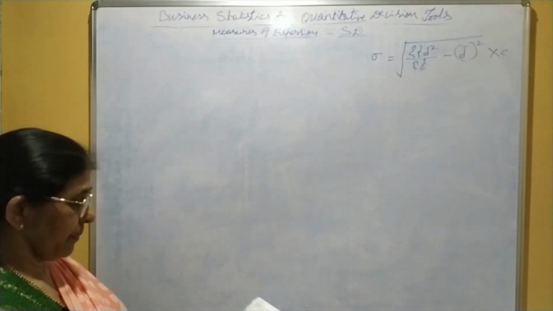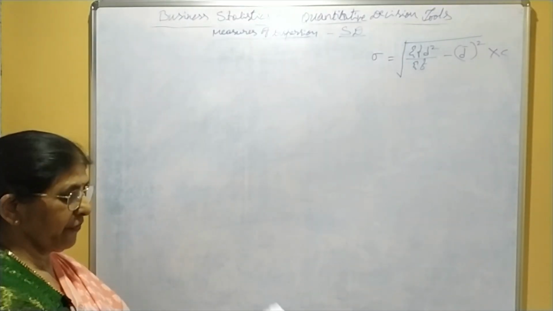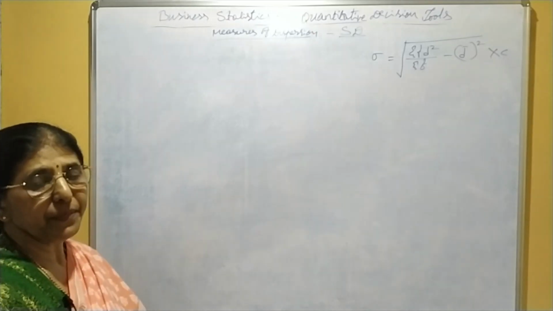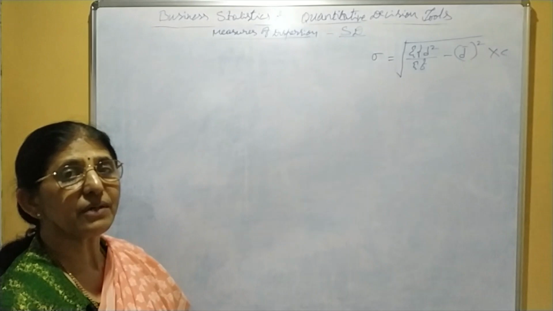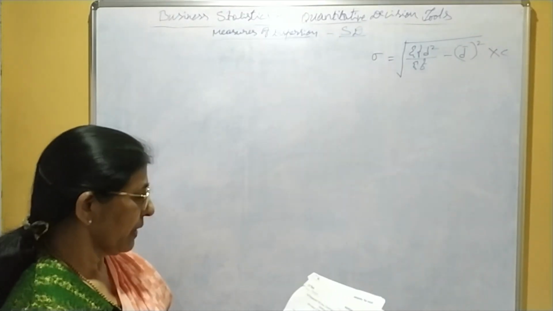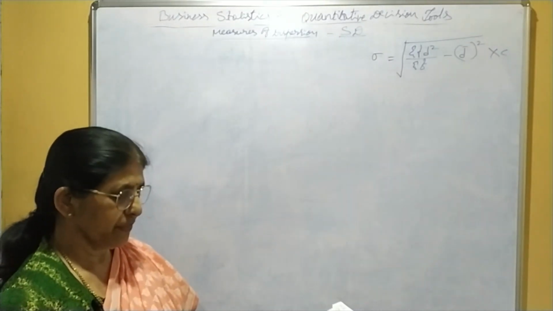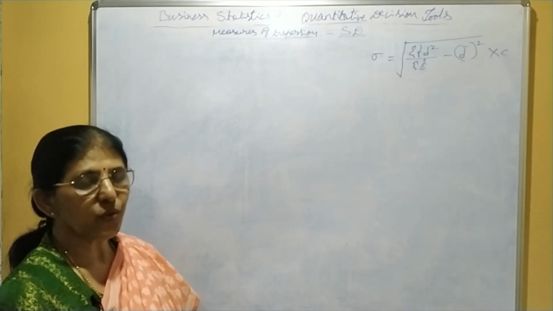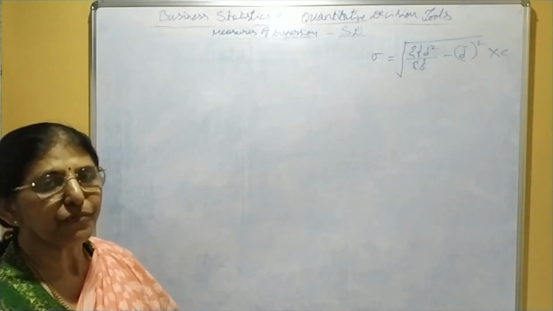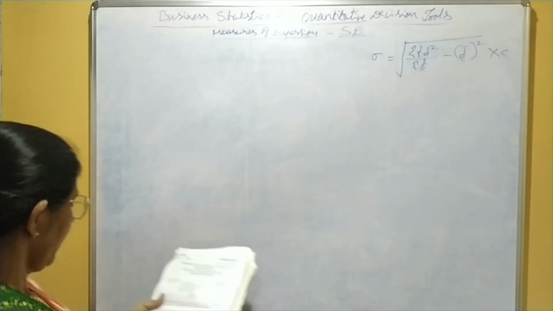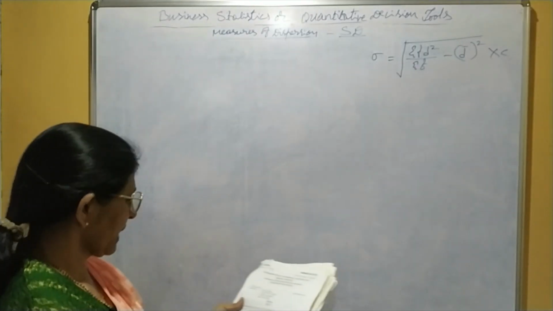Now take the problem. It is from a question paper, University of Mysore, April-May 2018 question paper. That is asked for 20 marks. That scheme was like that. Otherwise it may ask even for 15 marks. Okay. Now the problem is like this.